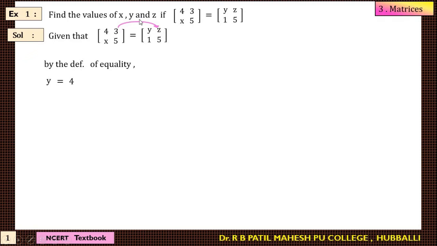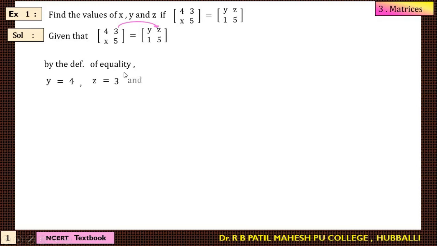So we equate 3 to z, that is, we write z equal to 3. Either you can write 3 is equal to z, or 4 equal to y, or y equal to 4, z equal to 3. In any manner you can write the equality here.